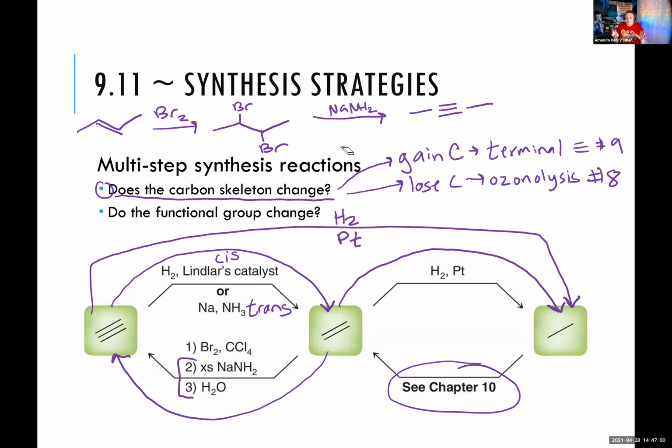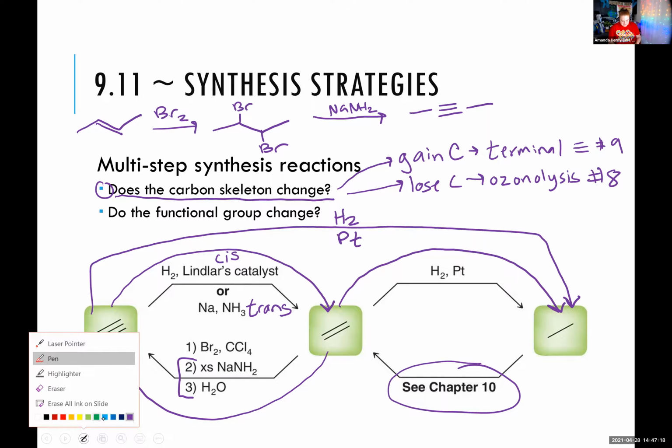So we didn't learn these as one package deal, but we can definitely combine them together to go from an alkene to an alkyne. So that shows us how to do all of our carbon skeleton changes.